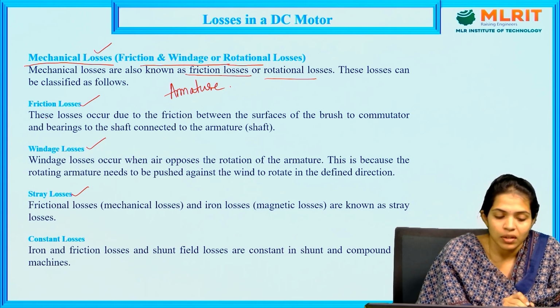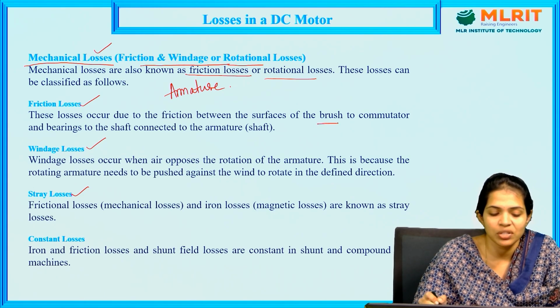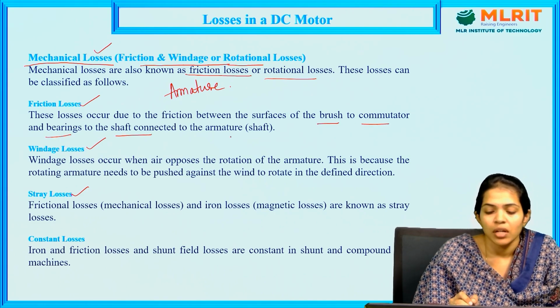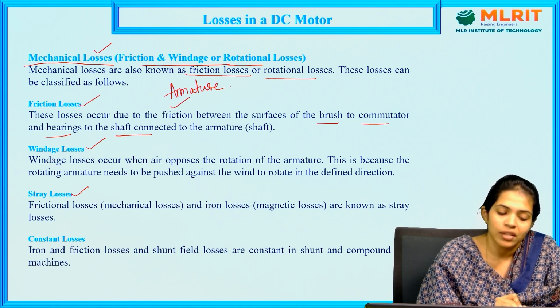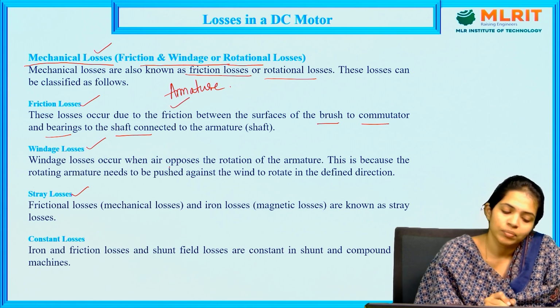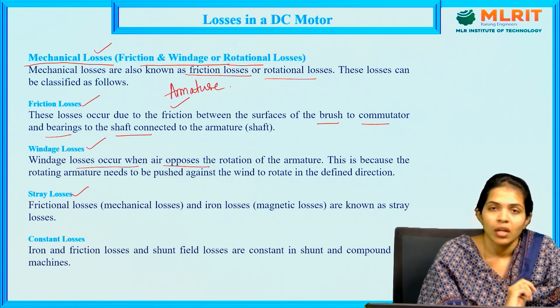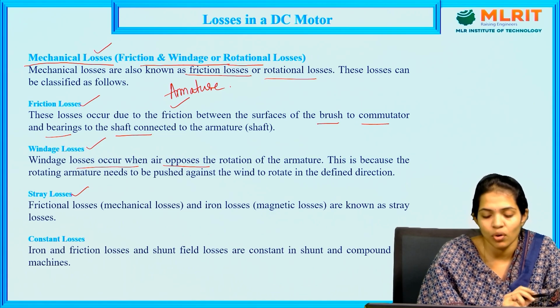The losses which occur due to the friction between the surfaces of the brush and the commutator, and the bearings and the shaft connected to the armature, are called frictional losses. The windage losses occur because a proper air gap is maintained between the stator and rotor of your DC motor.